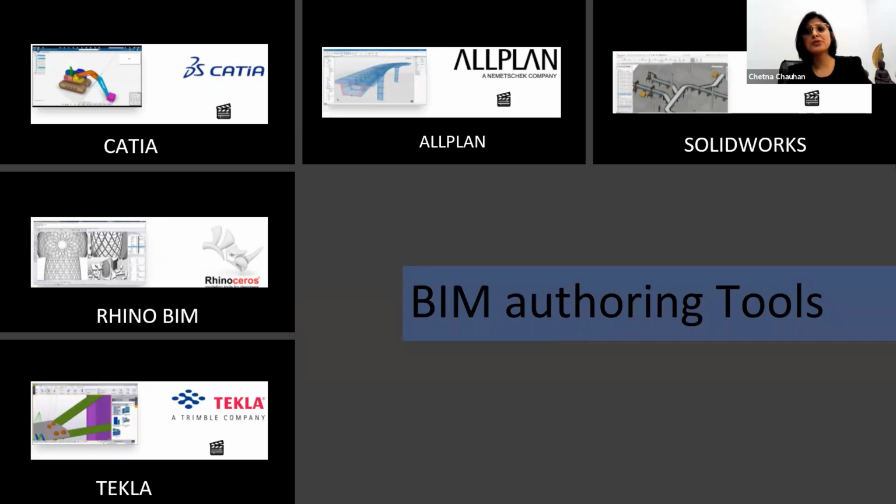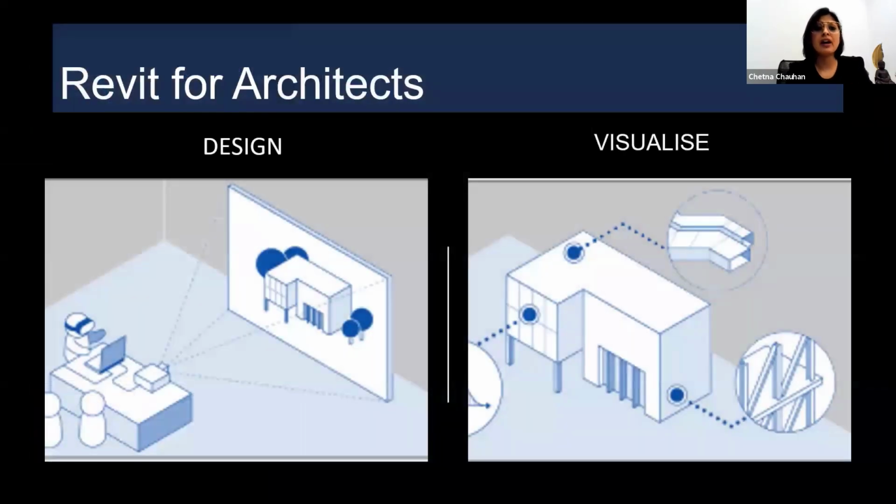But let's focus on Revit for now. I will quickly explain what Revit is and how it is useful for architects. What do they use it for? And here I'll share a very interesting story with you.